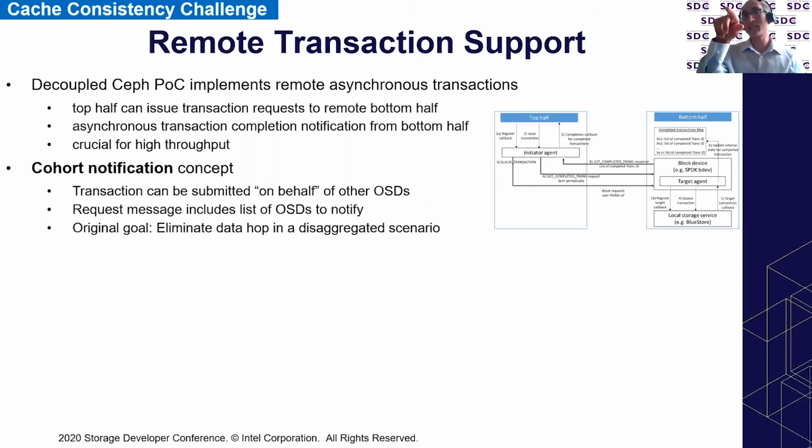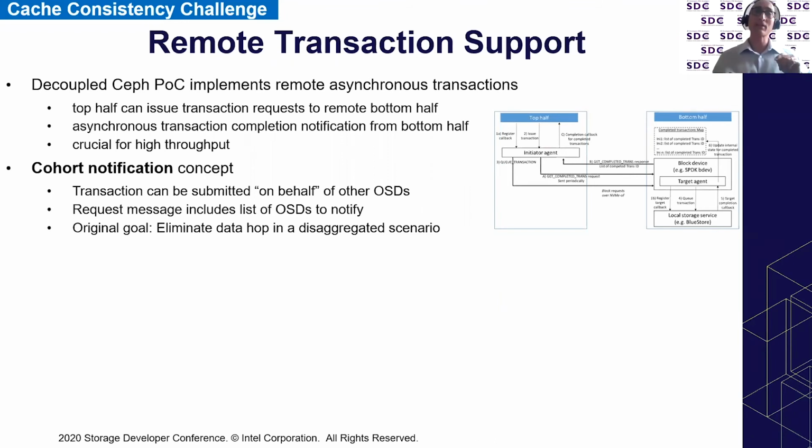Now, the details of that are shown in the picture on the right. It's a little bit of an eye chart, and the intent is not to get into the details of this in this talk. If anyone is interested, feel free to reach out to us. We can share more details on that. But the main takeaway of that implementation is that the top half can issue transaction requests to a bottom half even when it's remote, as in on another node.